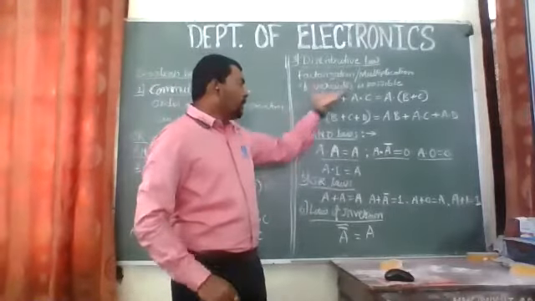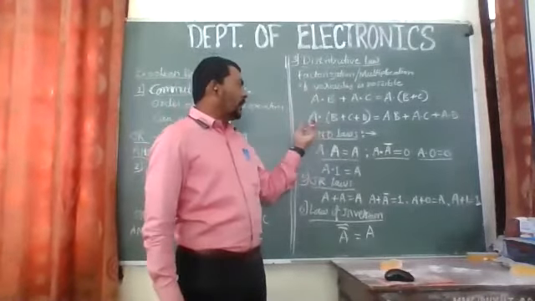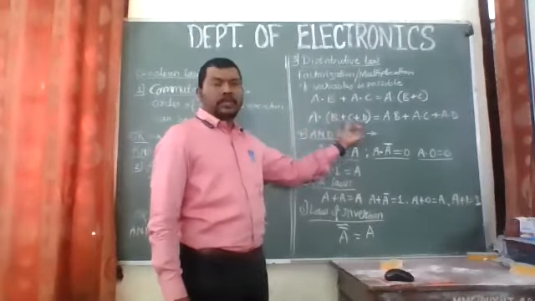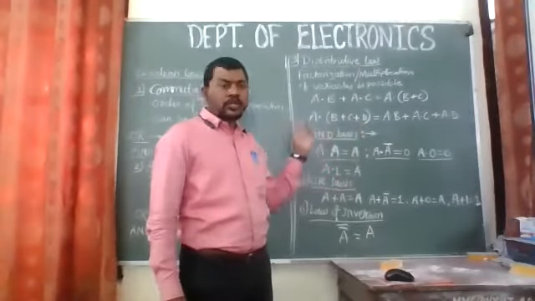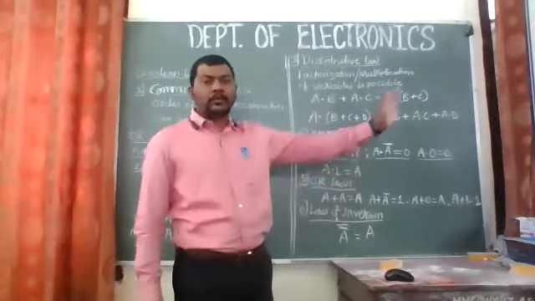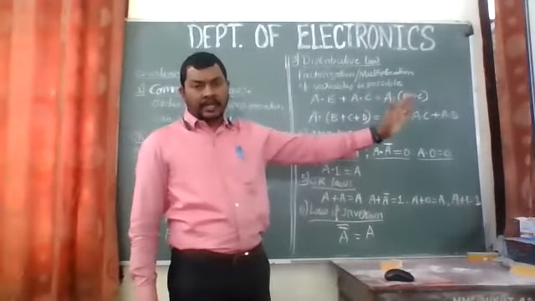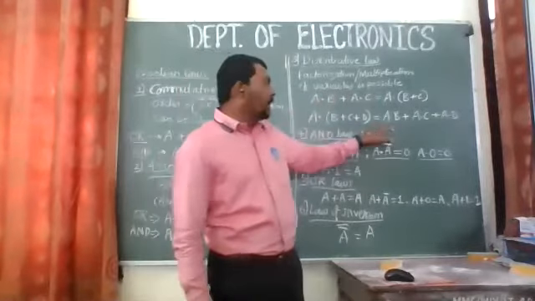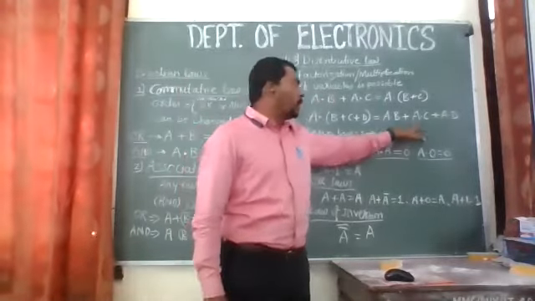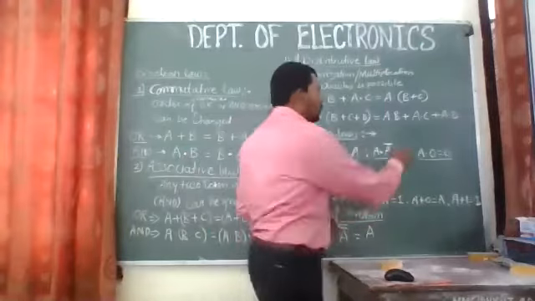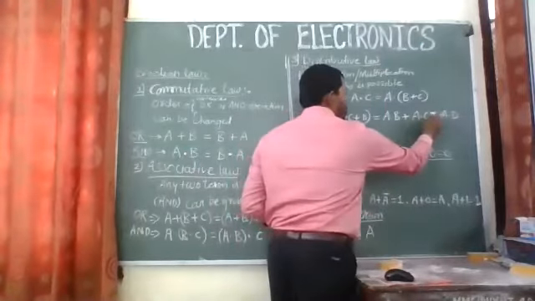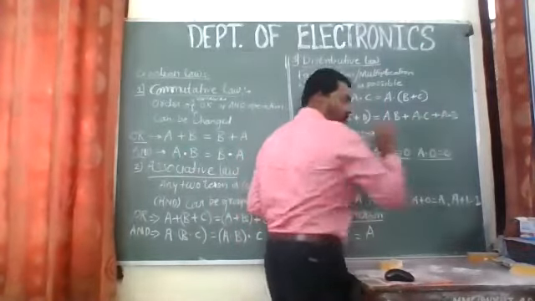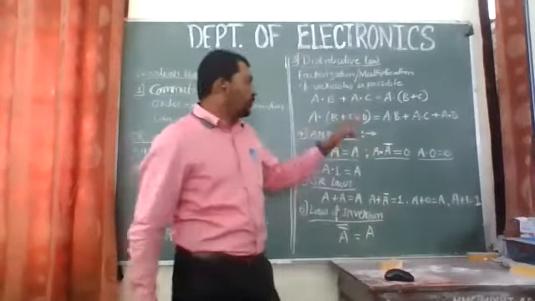Then multiplication means we have an equation like A dot B plus C plus D in the bracket. This A variable can be multiplied through the whole bracket and through all the variables, and the equation can be formed like A dot B plus A dot C plus A dot D. I guess the dots are not visible on the screen.